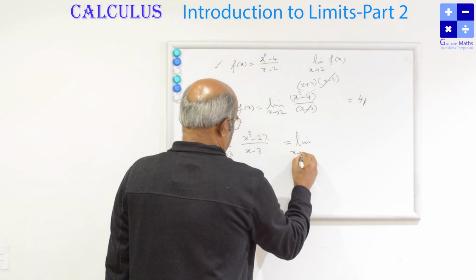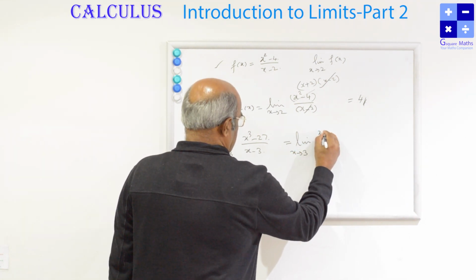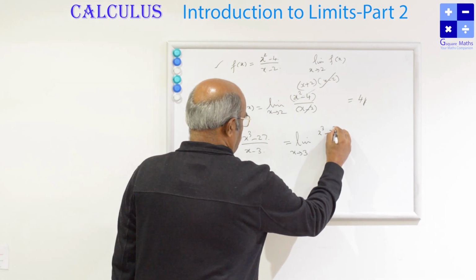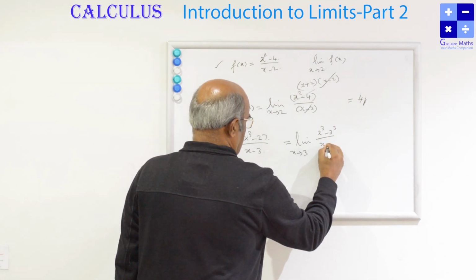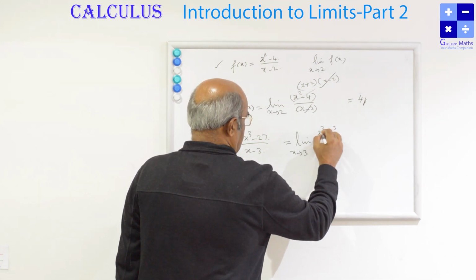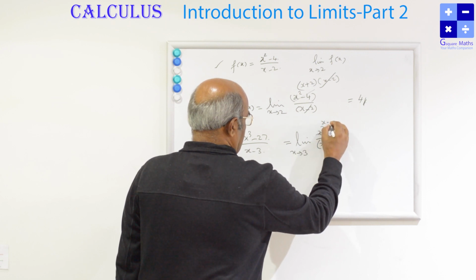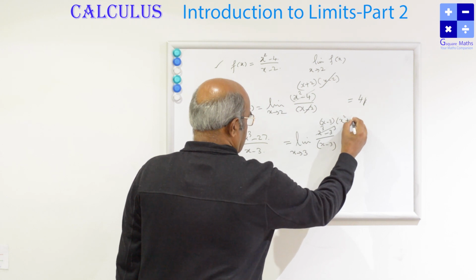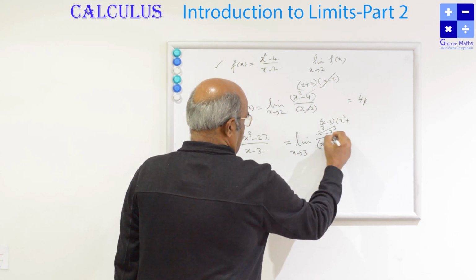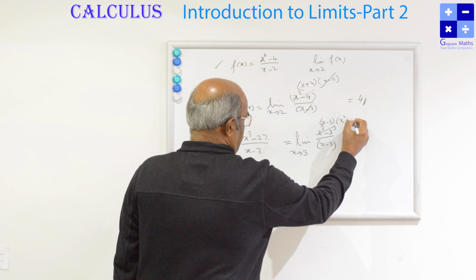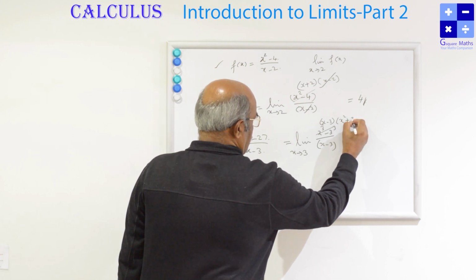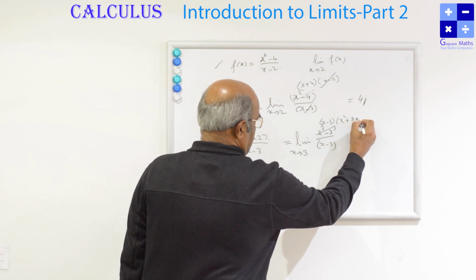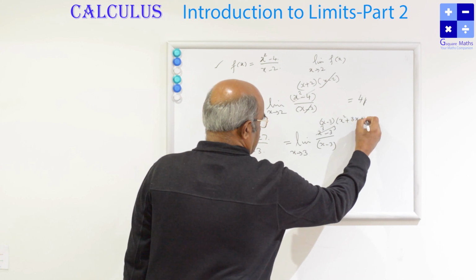Limit x tends to 3 of x cube minus 3 cube. And this can be written as (x minus 3) into (x square plus 3x plus 3 square), using a cube minus b cube is equal to (a minus b)(a square plus ab plus b square).